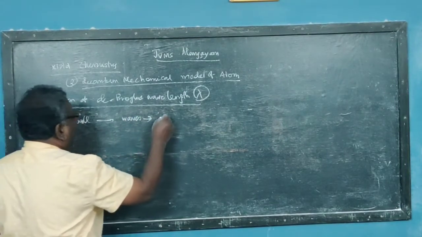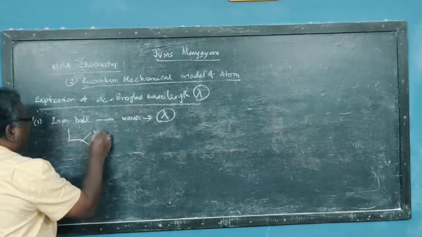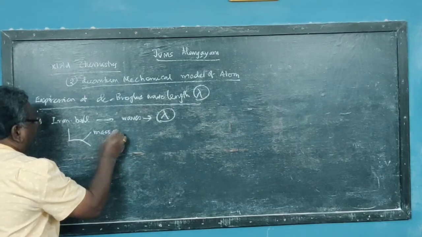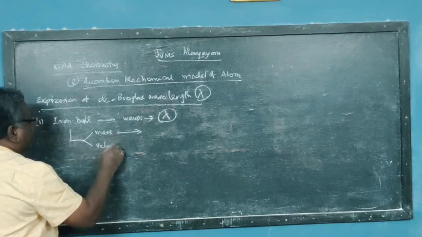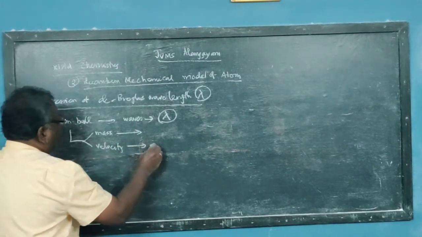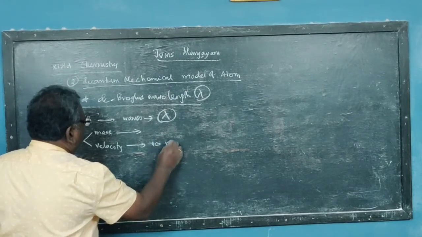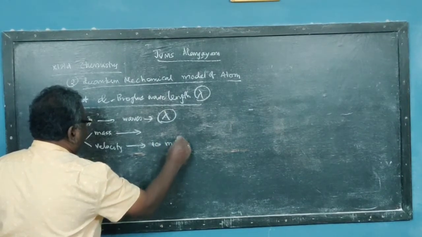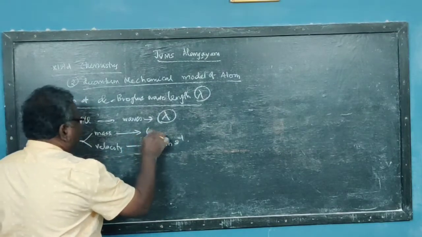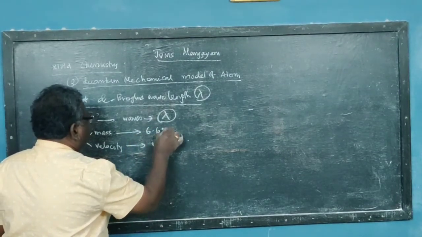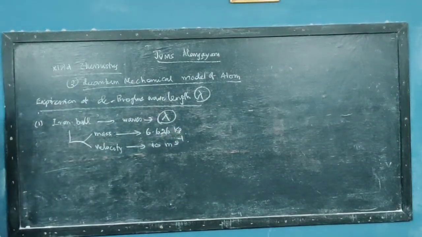The iron ball is having a mass and it is moving with a velocity of 10 meter per second, and its mass is 6.626 kilogram, right? So that's the mass.